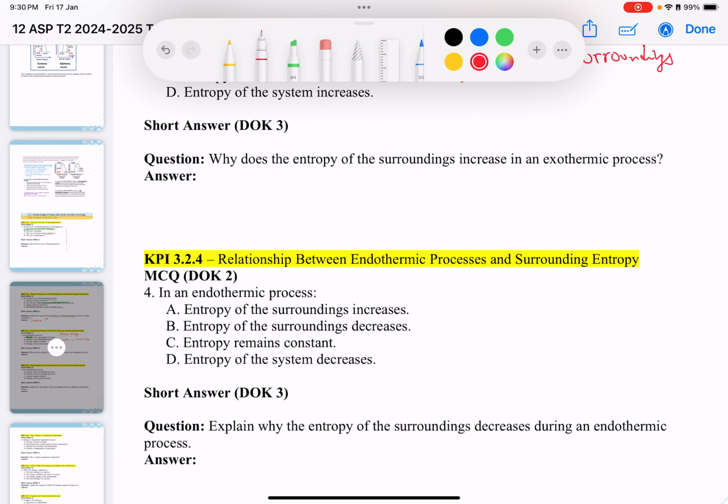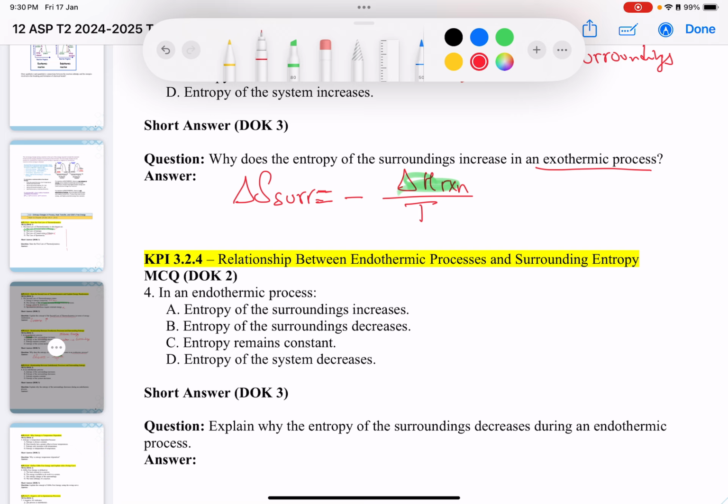Why does the entropy of the surroundings increase in an exothermic reaction? I can prove this with the formula for the entropy of the surroundings, which you can memorize: it is the enthalpy of the reaction divided by temperature, with a minus sign.